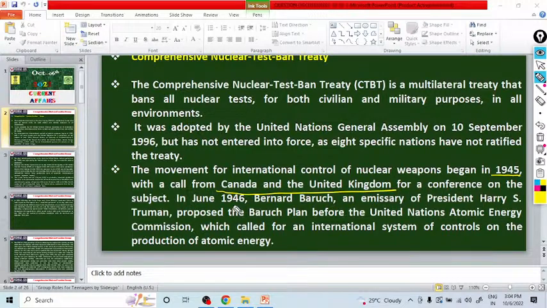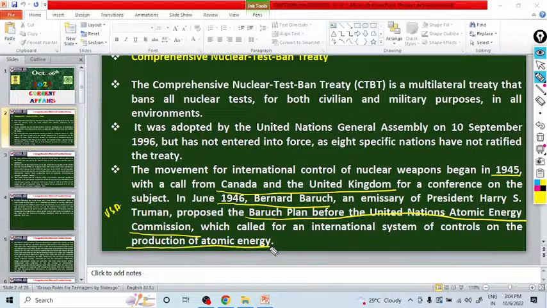In 1946, Bernard Baruch, the emissary of US President Truman, proposed the Baruch Plan before the United Nations Atomic Energy Commission, which called for an international system of controls on the production of atomic energy.